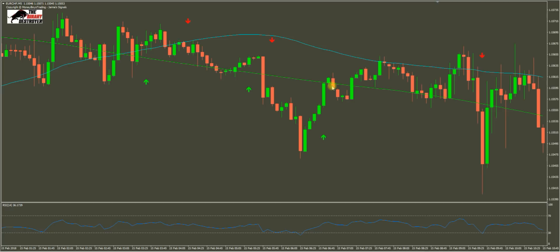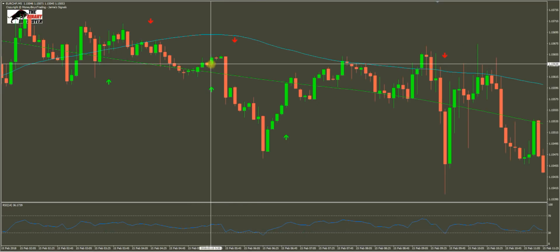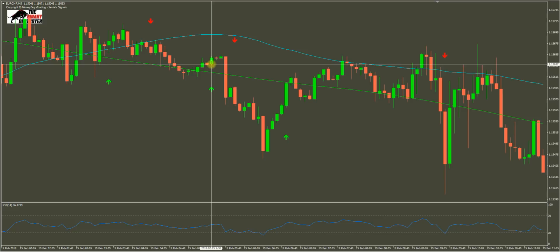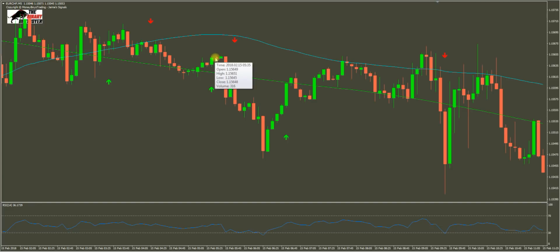But what he actually trades is the opposite direction. So like here, there's our green arrow, and he will take a sell trade, but not at that candle, at the next candle.